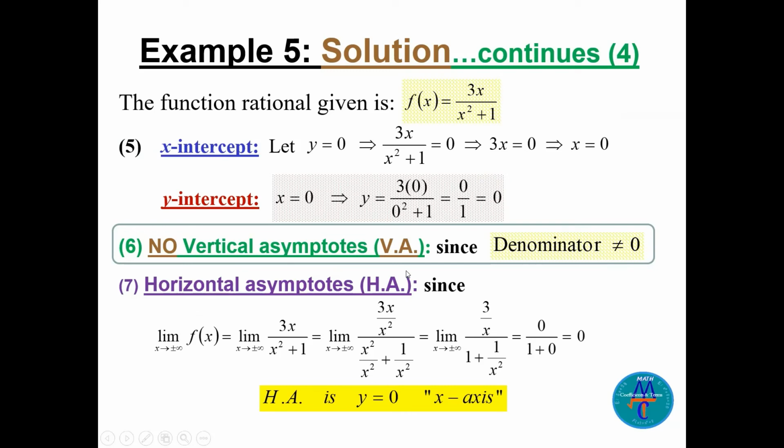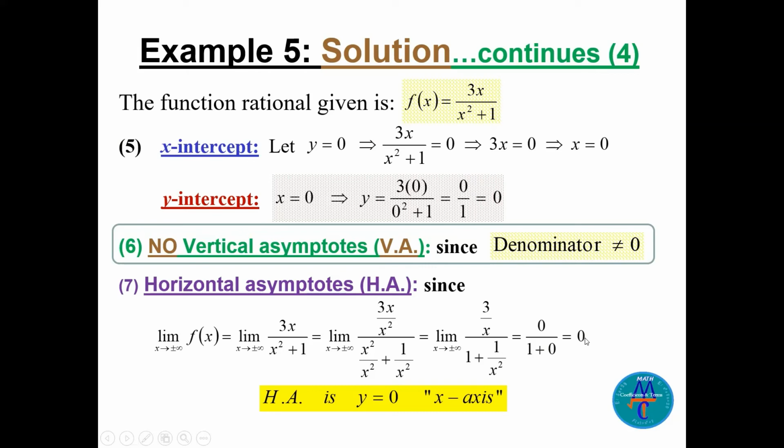Let's see any horizontal asymptote. As we remember, for the horizontal, the limit of the function as x goes to plus or minus infinity, we divide by the highest power. Divide 3x by x squared, divide x squared over x squared, divide 1 by x squared. So we'll get 3 over infinity, that's 0. 1 is 1 constant. 1 over infinity is 0.